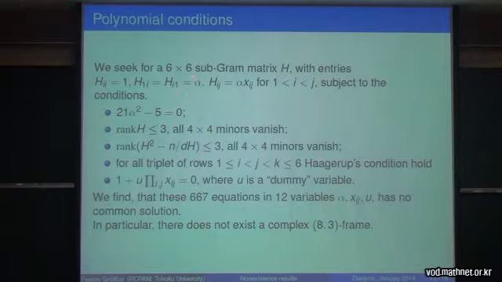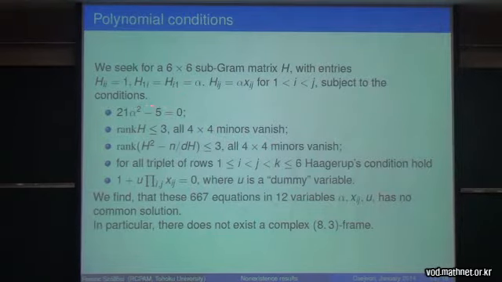And what are our conditions? Well, the angle is whatever the tight frame condition implies. This is described by this quadratic equation. Then we are in 3-dimensional complex space, so the rank of the gram matrix, and in particular the rank of the subgram matrix, is at most 3. Hence all 4x4 minors must vanish. These are once again polynomial conditions.